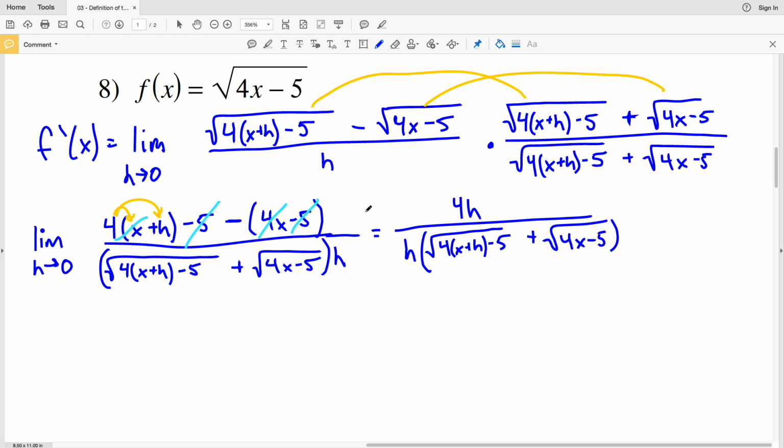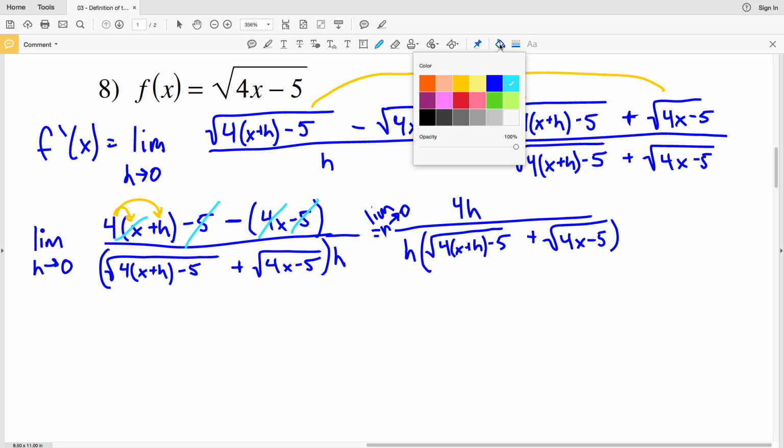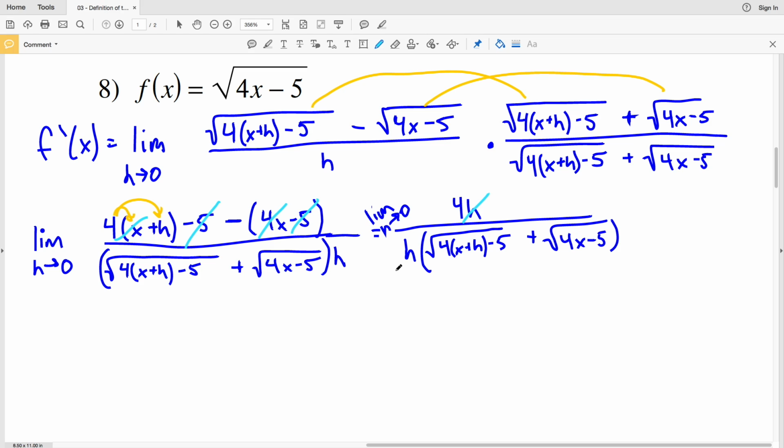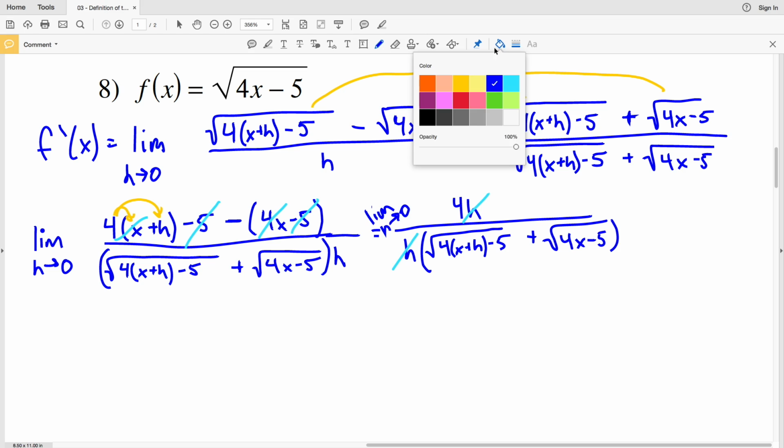And this is still evaluated as the limit as h approaches 0. But look, now I can cancel out h with h. So I no longer have a 0 when I plug 0 in for h in my denominator. So I can now solve.